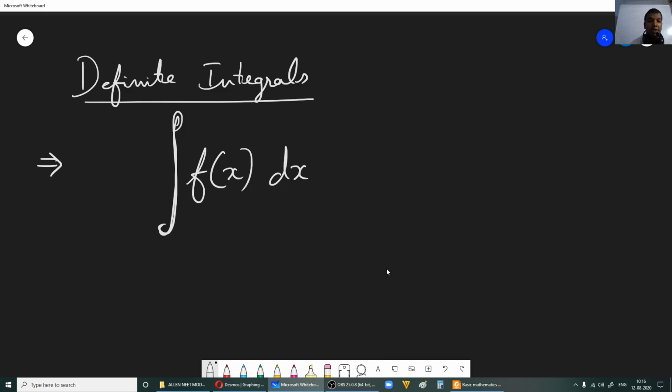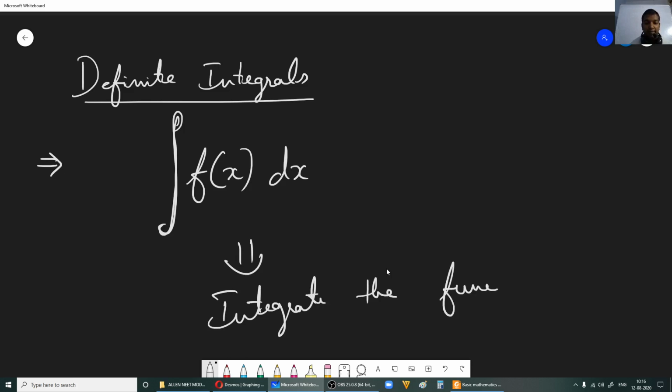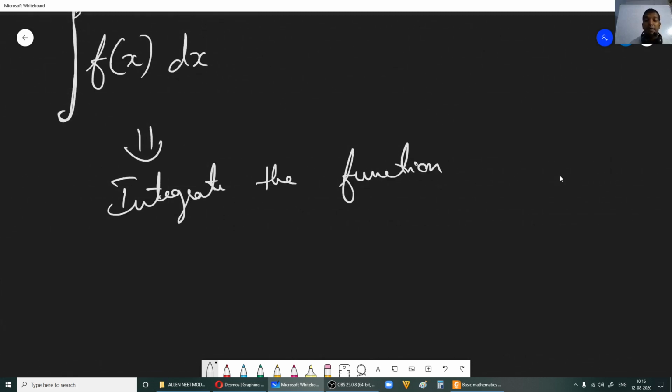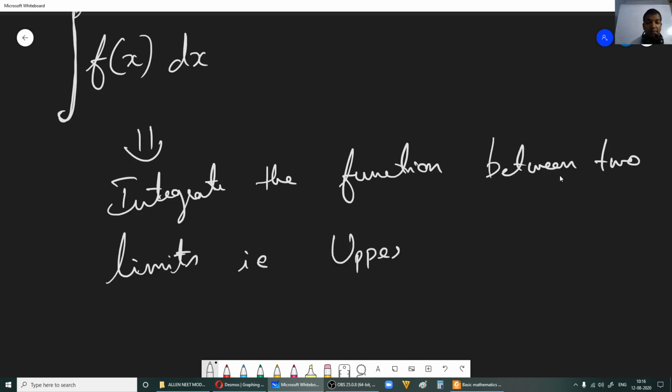Now we'll integrate the function between two limits, that is, we'll call them the upper limit and the lower limit.